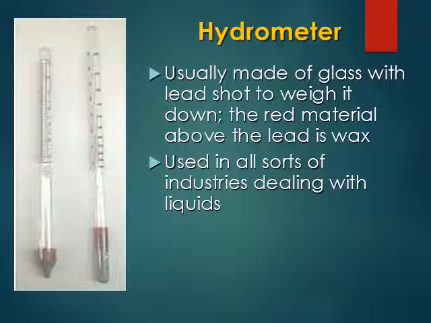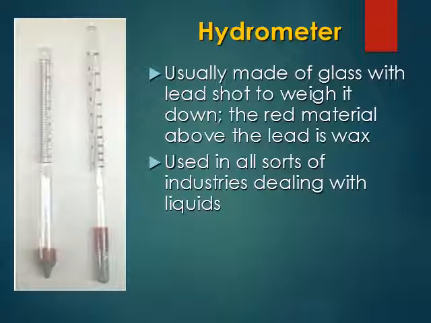Gumagamit sila ng hydrometer kasi, di ba yung, let's say, yung wine, pina-ferment siya. So, iba yung density ng fermented grape juice doon sa actual na grape juice. And for different types of wine, iba-iba rin yung kanilang specific density. So, di ba yung fermented wine, iniimbak natin siya.